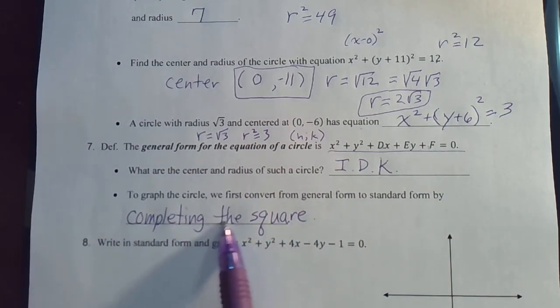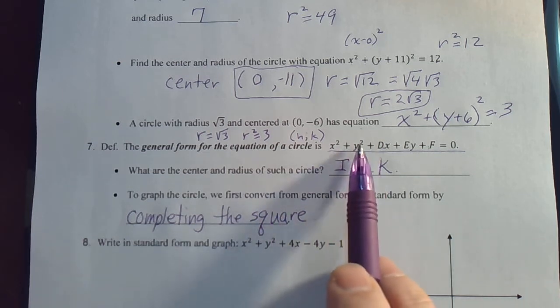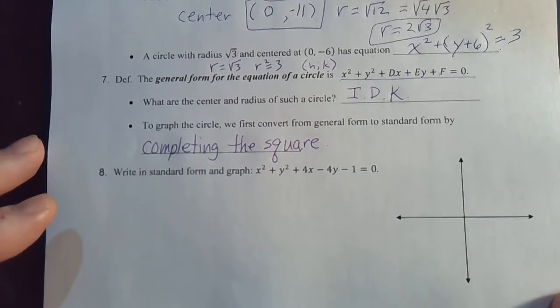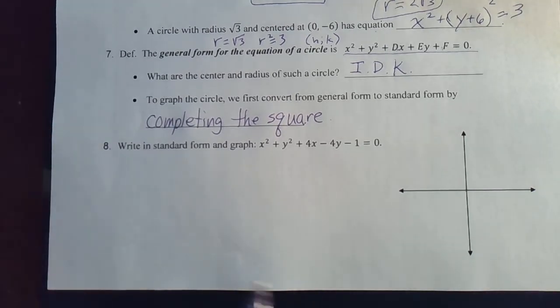And not only do we have to complete the square, we're going to have to do it twice. We're going to have to do it in x, and we're going to have to do it in y as well. Okay, so let's review. You've probably seen this before. If not, you're going to have to memorize how we do this to complete the square.